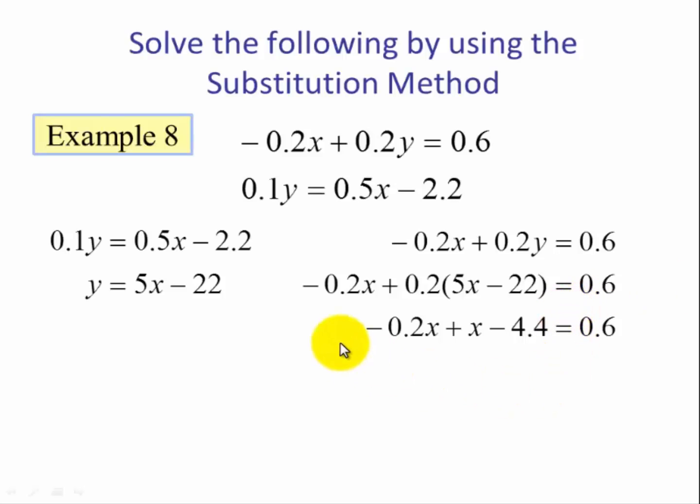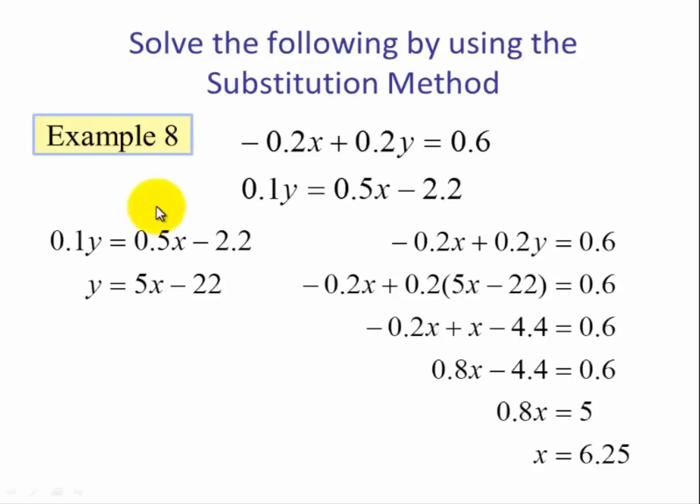Combining like terms, -0.2 plus 1 makes +0.8 times x minus 4.4 equals 0.6. Adding 4.4 to both sides, we have 0.8x equals 5. Dividing by 0.8, we see that x is 6.25.